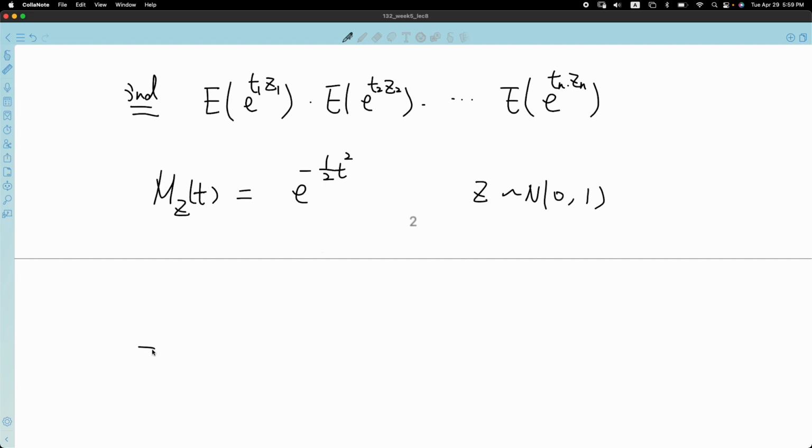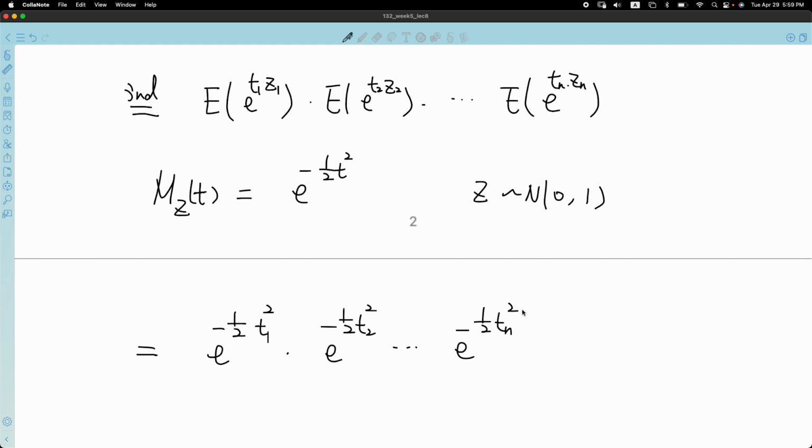So let's continue the equation, the equal sign here. So that means you will have e raised to the power of negative 1/2 t1 squared multiplying e raised to the power of negative 1/2 t2 squared, all the way to e negative 1/2 tn squared.